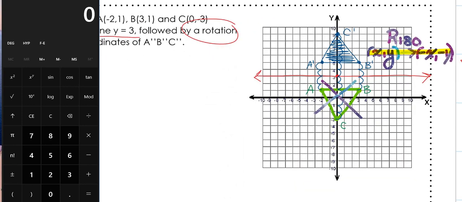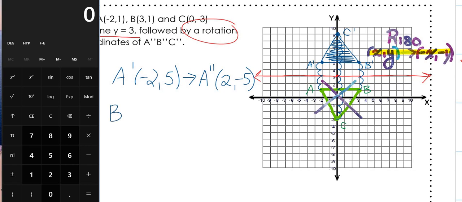I'm going to write down my coordinates, and I'm going to use the rule. Okay, so right now, A prime is located at negative 2, 5. So that means A double prime will have both coordinates change signs. So positive 2, negative 5. Next one, B prime. B prime is at 3, 5. So B double prime, I'm going to switch the signs.